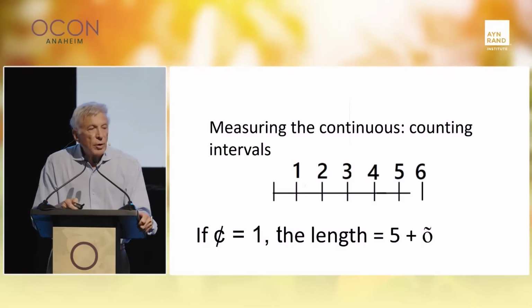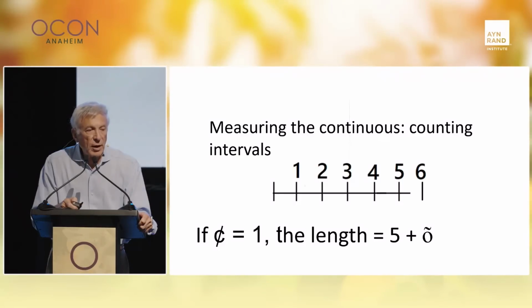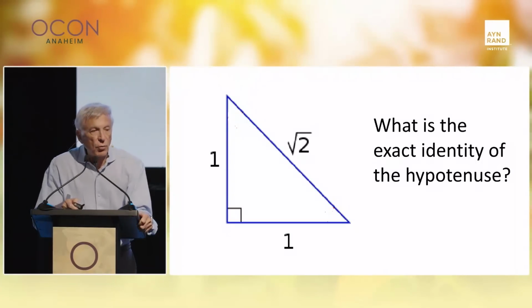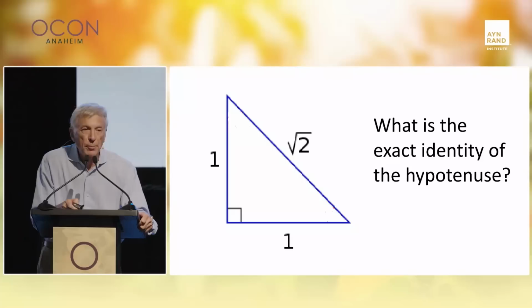So if we go back to this one, if the cent is 1, the length here is 5 plus nil. With that, we can solve the question of what is the exact identity of the hypotenuse. With that in a little physics.